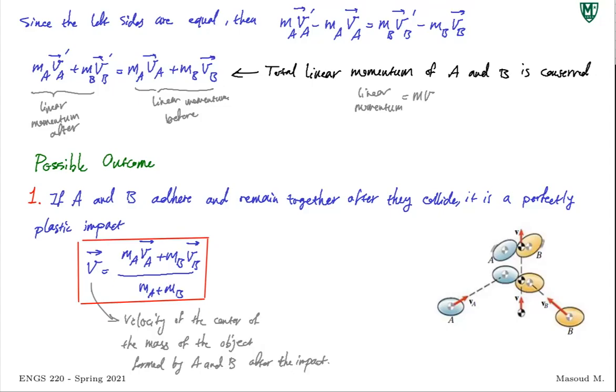The second one will be the opposite, or if this is not the case. If A and B do not stick together, do not stay together, do not adhere together, and they get separated, that would be the second possible outcome.